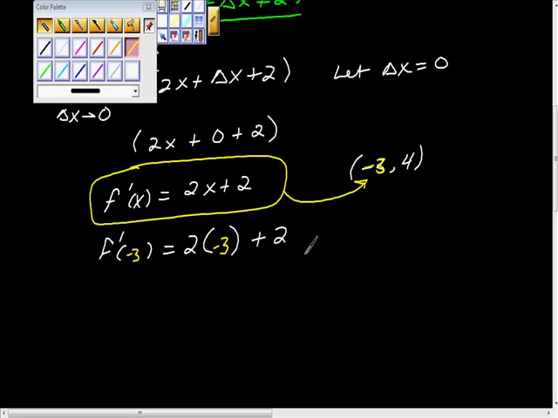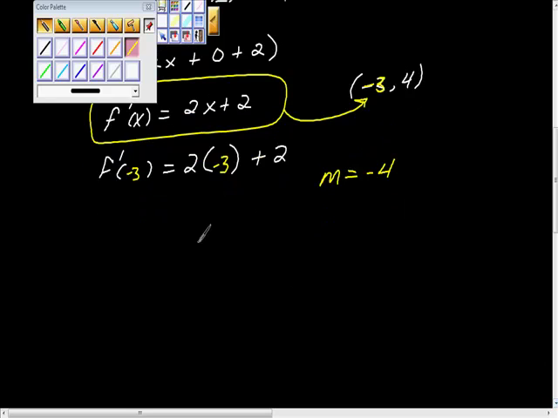No, we're not going to do that, that's when we were taking parallel lines. So what is the slope here? The slope is negative 4. So m equals negative 4, the slope. Now what? Point slope form: y minus y sub 1 is equal to m times x minus x sub 1.